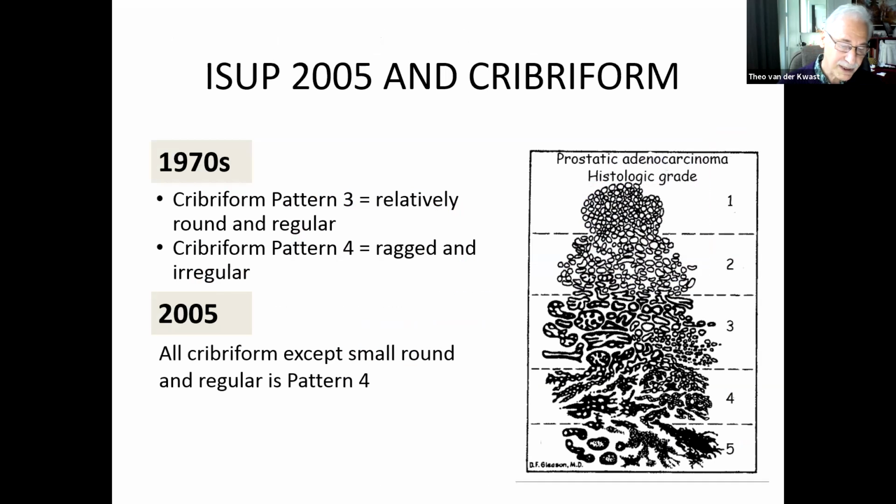Over time, the significance of cribriform pattern prostate cancer has changed. In the 1970s, the well-defined and more regular cribriform patterns were considered Gleason grade 3, and the irregular forms were considered grade 4. At the 2005 ISUP meeting in San Antonio, essentially all cribriform pattern prostate cancers were assigned as Gleason grade 4.